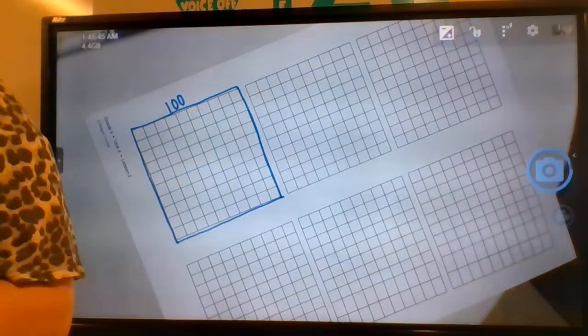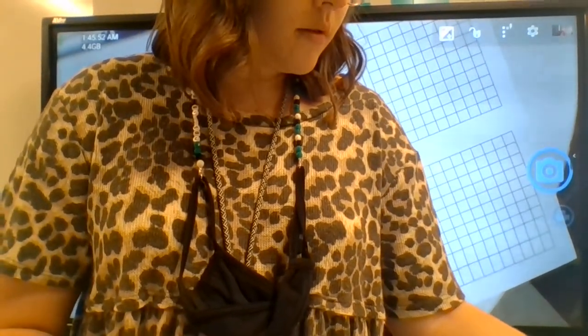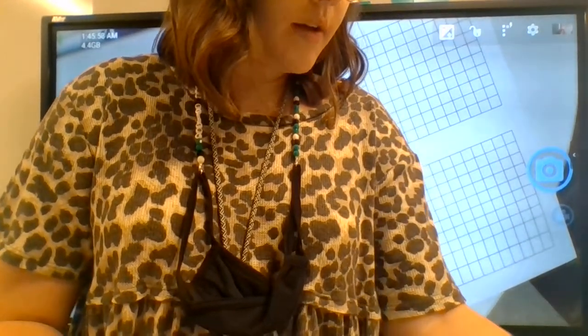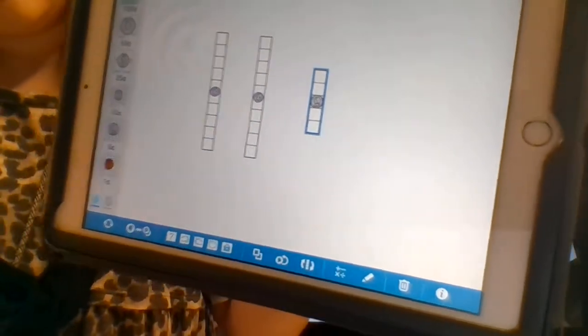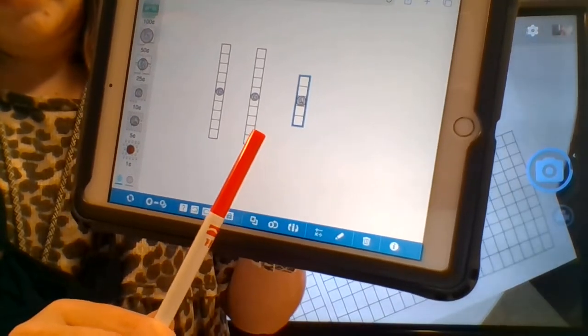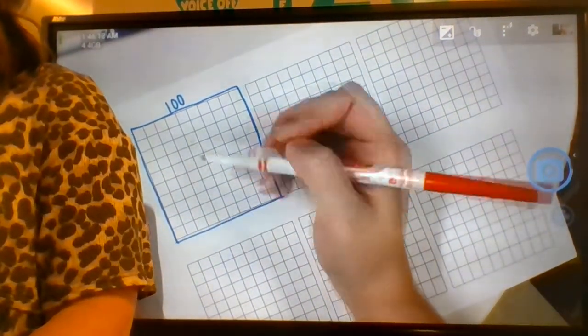So if I have 2 dimes, let's do it on our little work map. If I have 2 dimes and 1 nickel, I know that a dime is 10 cents, and a nickel is 5 cents. So on my grid map, we know that this is a whole, it equals 100.